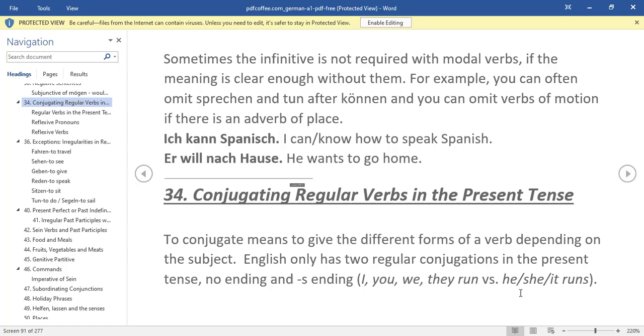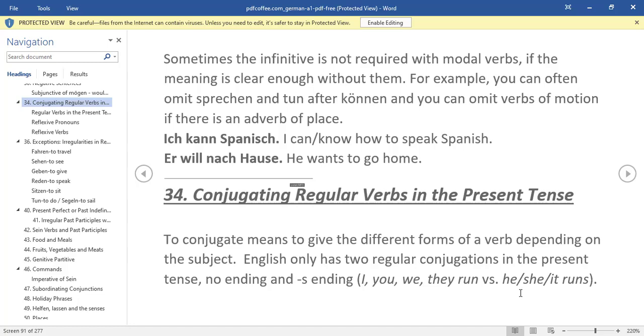So at the beginning, we have ich, which is I, du, which is you informal, er, which means he, sie, with a small s at the beginning, is she, es, which means it. Then you go to wir, W-I-R, wir means we.